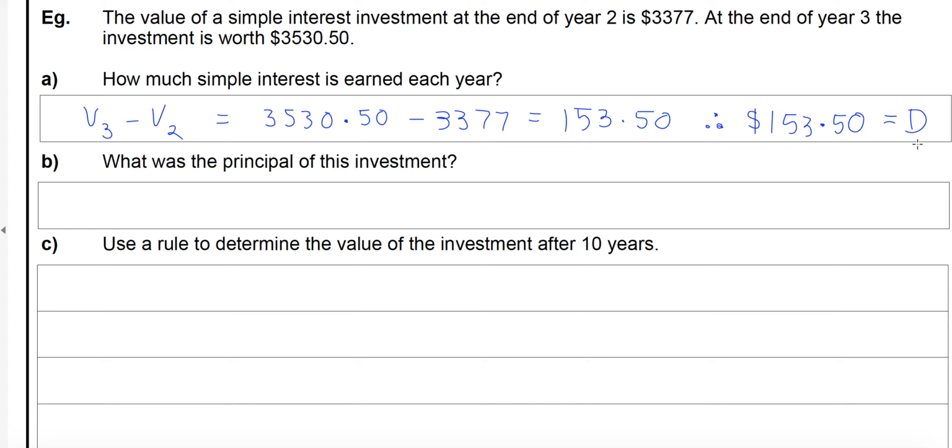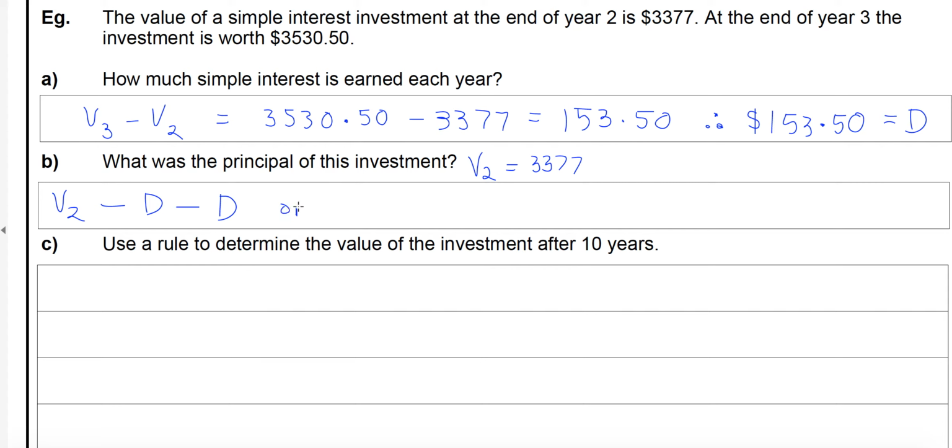We're now asked what was the principal of this investment. So we need to work backwards here. We know that V2, the end of the 2nd year, was 3377. And we also know that we're earning 153.50 each year. So if we go from V2 and we take away D, we'll get to V1. If we take away D again, we're going to get to that original investment value.